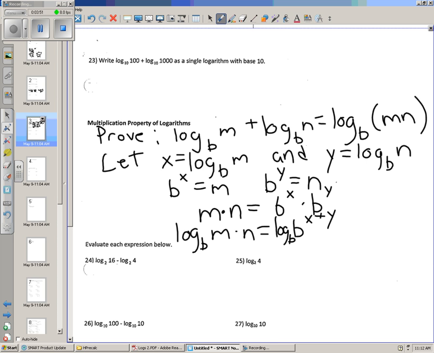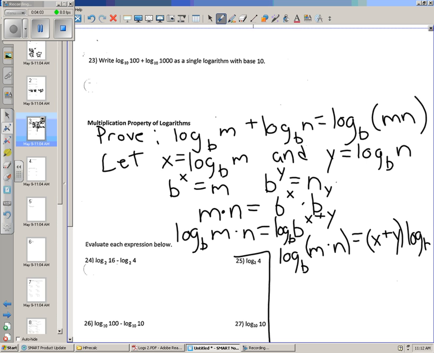So what I then have is log base b of m times n is really the same as x plus y times log base b of b. Well, log base b of b is just 1, so we can write this next line.